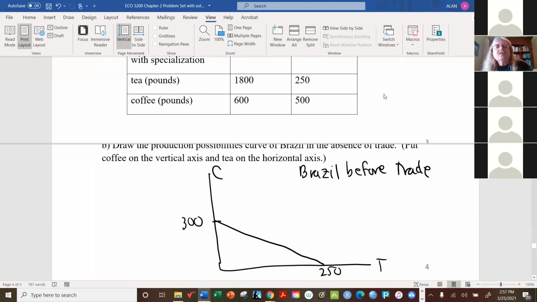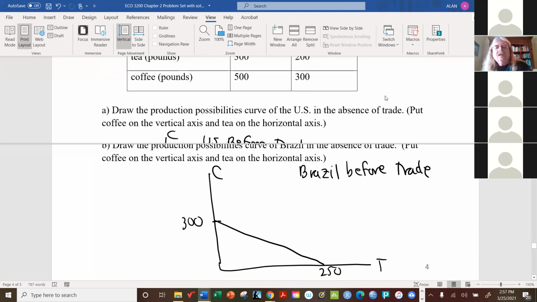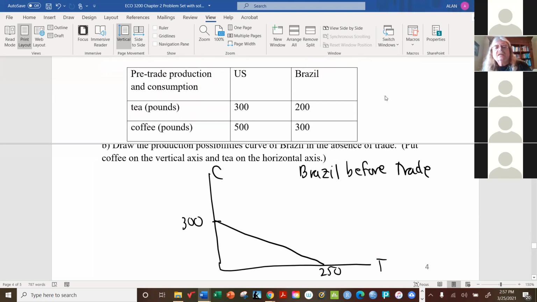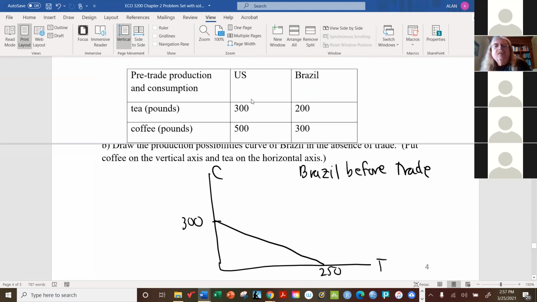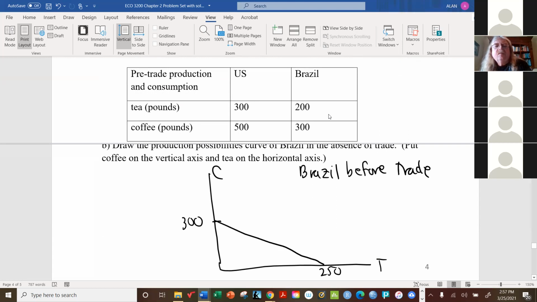And then we also were told that they choose to make, oh, wait a minute. I just realized there's a problem here. This chart can't be correct. I just realized there's a mistake here. We can't have in Brazil both 200 teas and 300 coffees.